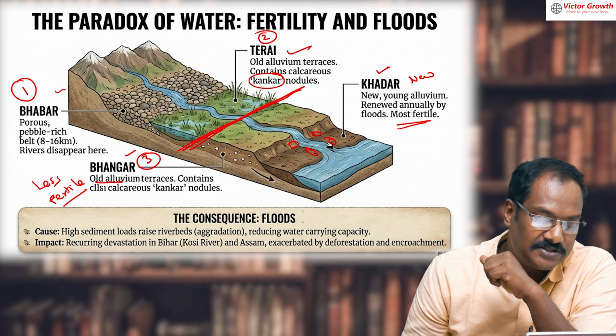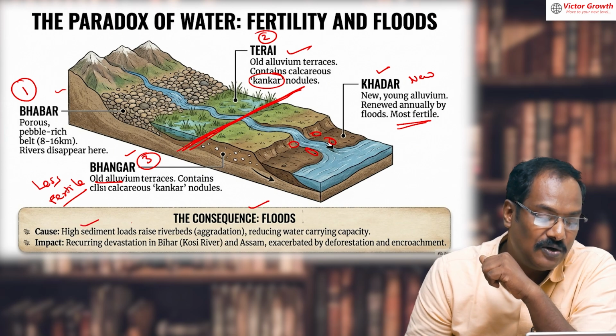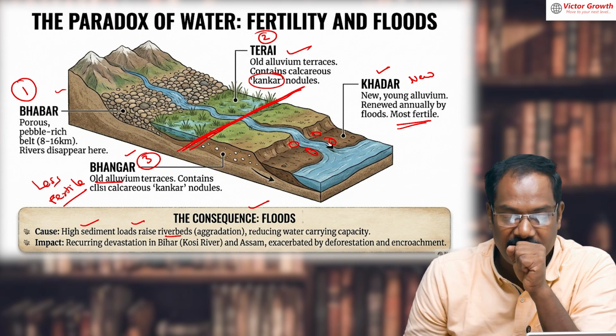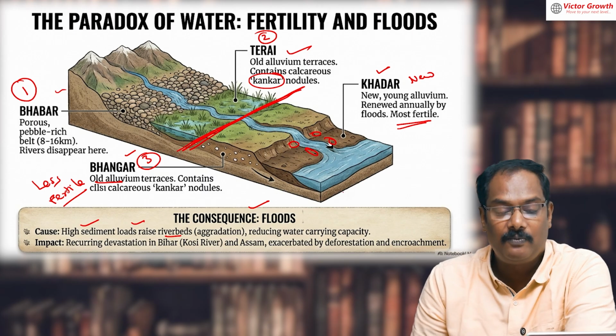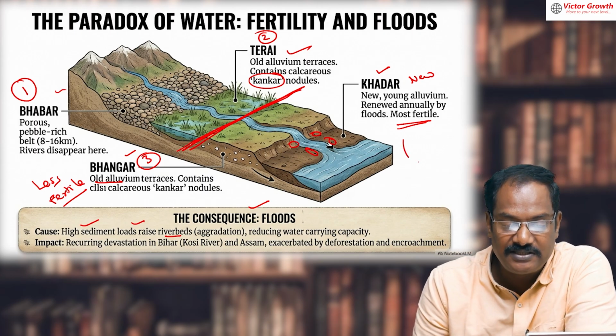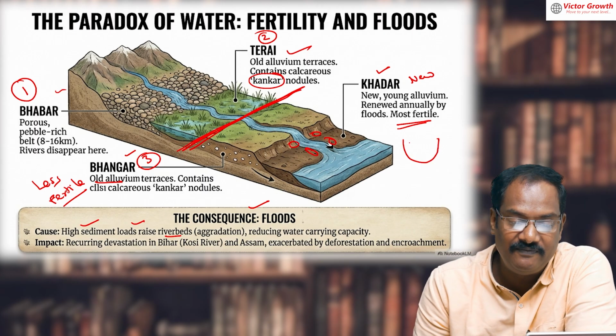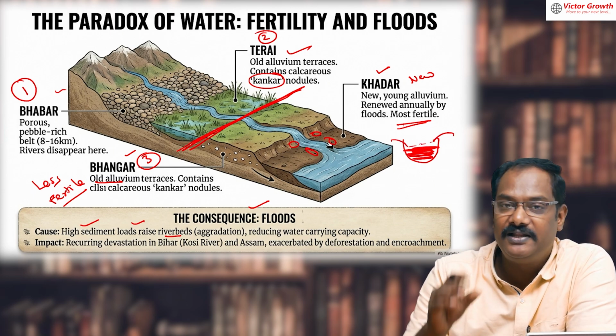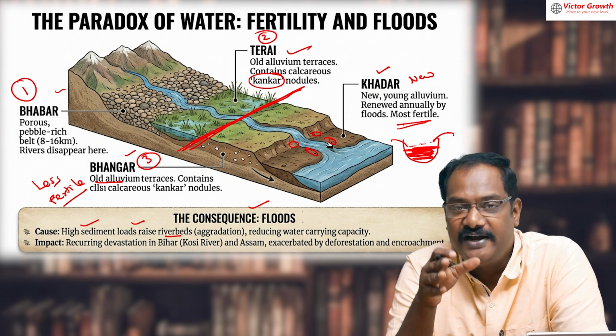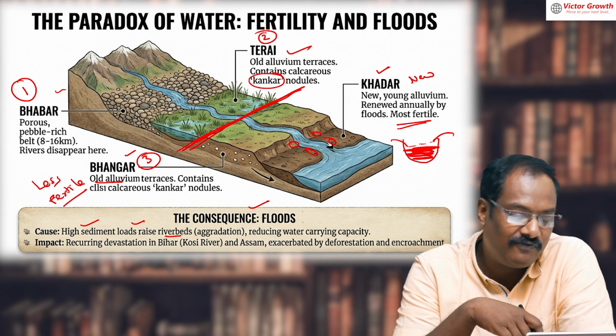So, consequences of floods, I told you. High sediment loads raise the riverbed, aggradation, reducing water carrying capacity. Now what does this do? If this is a riverbed in which the entire water is there, because of erosion a lot of sediments will come and fill this. So the river carrying capacity will be reduced and the water will overflow: the flood.